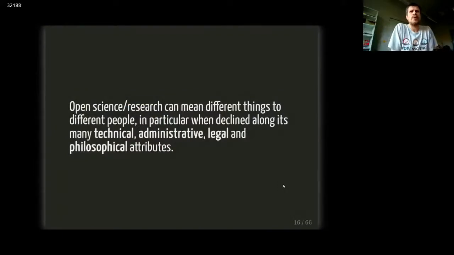Right? So open research can mean many different things to many different people, in particular when declined along different dimensions. This could be technical, administrative, is your paper in the right folder, legal, with different licenses, or even philosophical attributes. And so a really important word I said before was excluding, right?